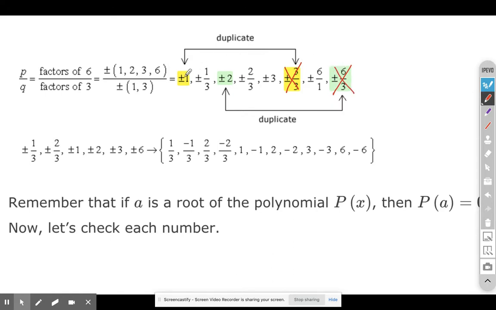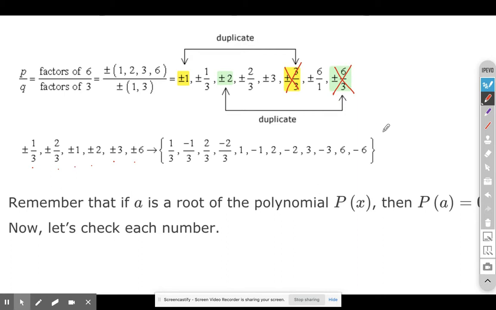So instead of 8 and then all the minuses, which is 16, we actually have 1, 2, 3, 4, 5, 6 positives, and with all the negatives that gives you 12 choices. Those are the possible rational roots.